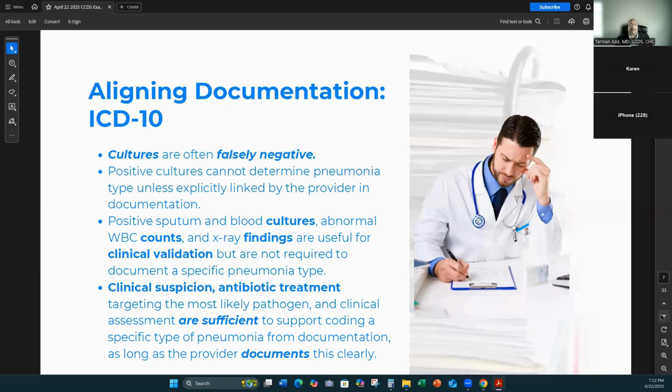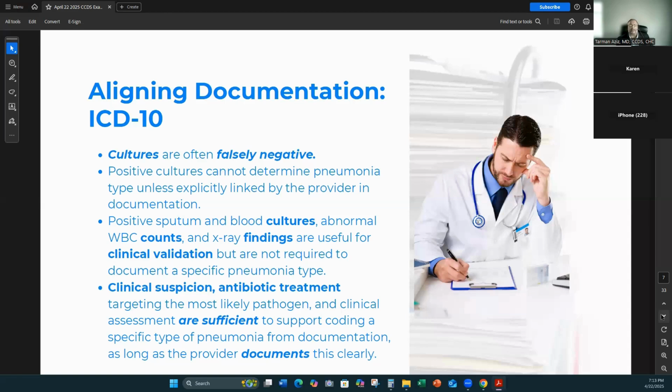Also, even if the culture is positive, it's not enough to simply write any old pneumonia down as a provider and expect the coding team or the CDI team to come in and understand, well, the cultures grew this substance out, and it looks to be sensitive to these agents. And so therefore, we can probably make a conclusion this is gram-negative pneumonia or MRSA pneumonia or whatever.